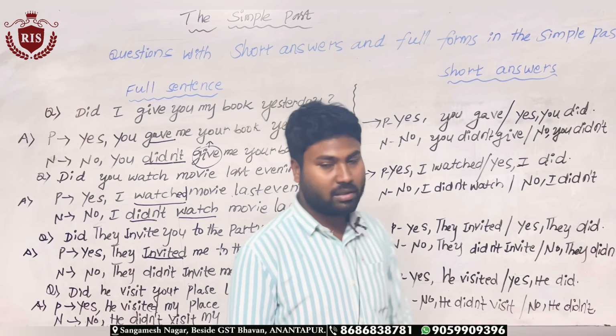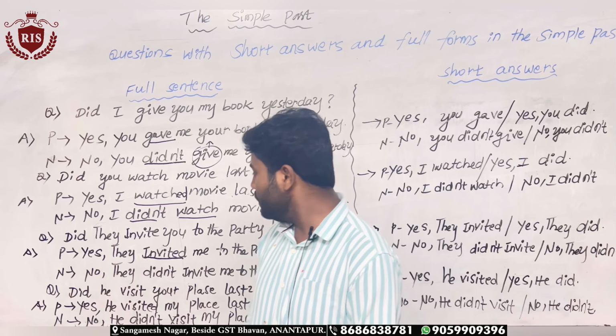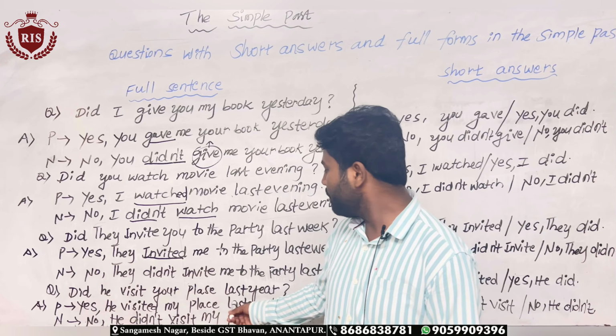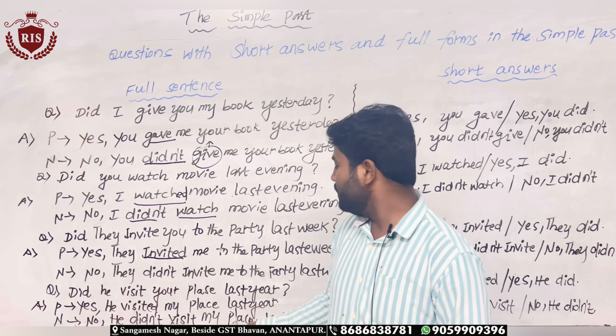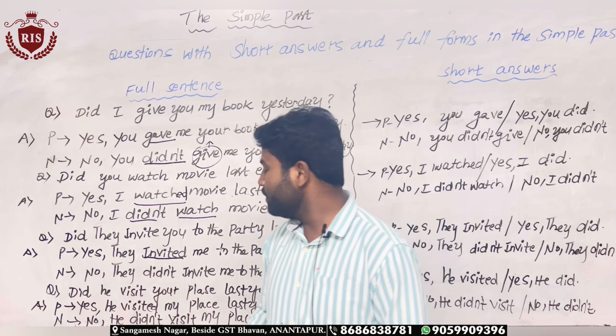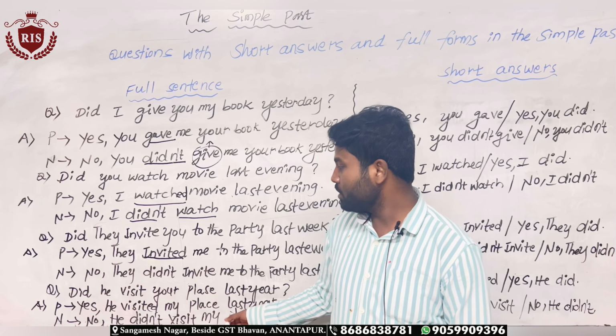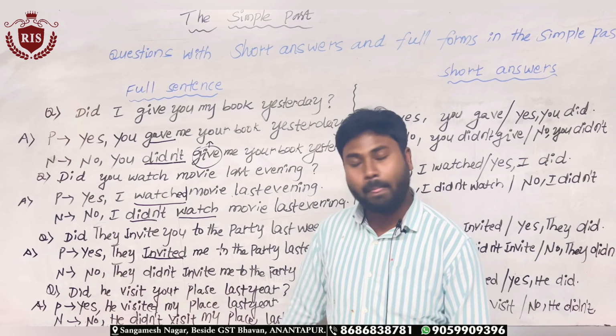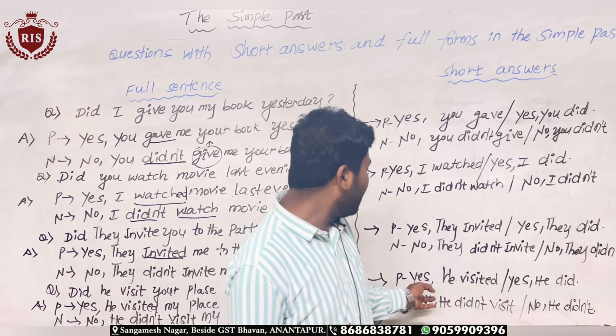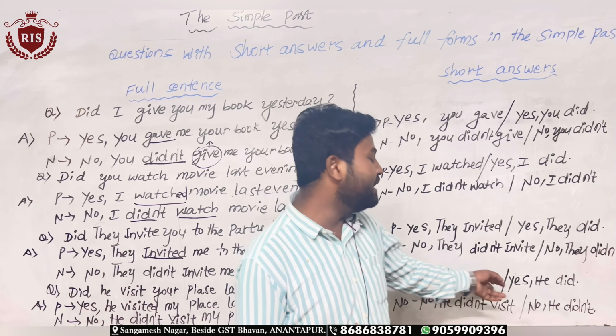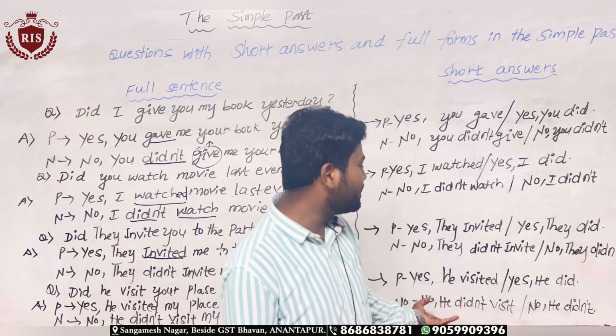Next, the final question, let us have a look. Did he visit your place last year? In a positive answer to that question, the short answer is yes, he visited.